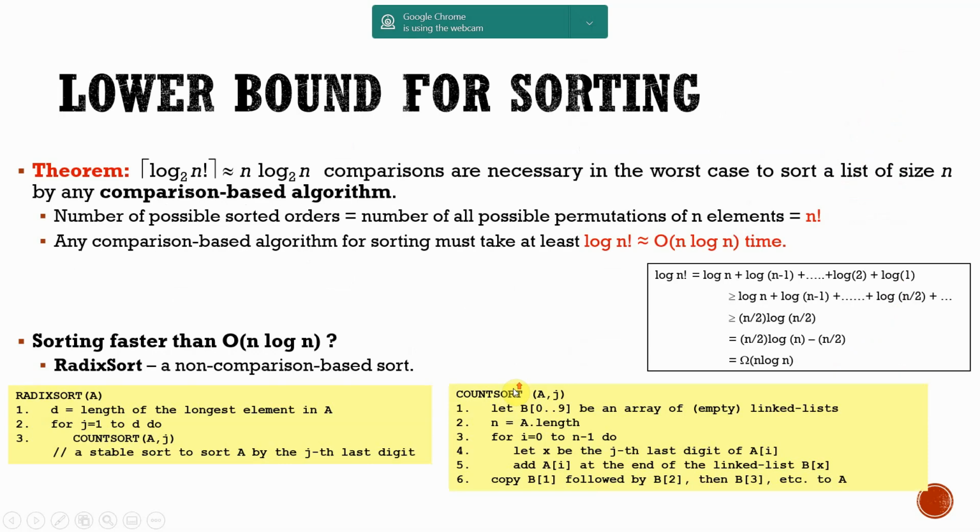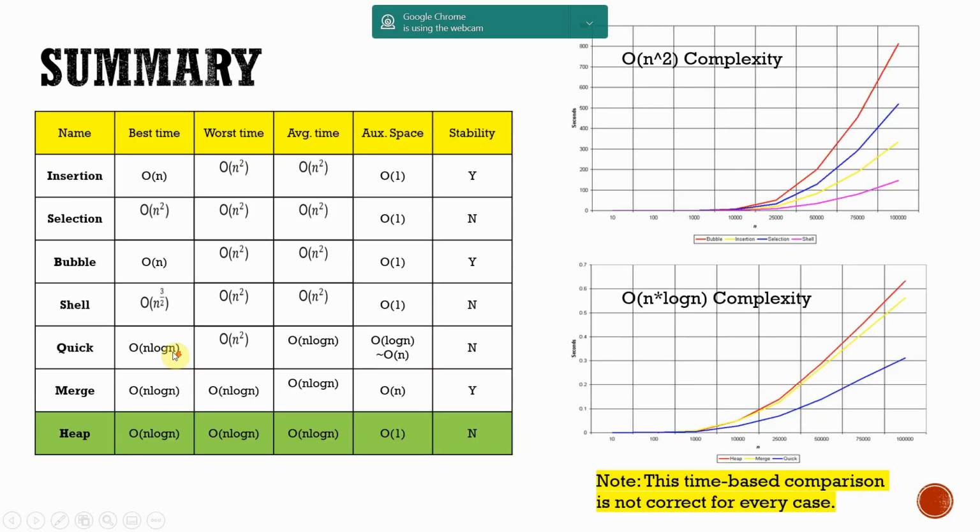Stability is going to be very important when we discuss radix sort. You will see that some of the algorithms we have seen so far are not stable. For example, heap sort and quick sort are not stable. Selection sort is not stable.